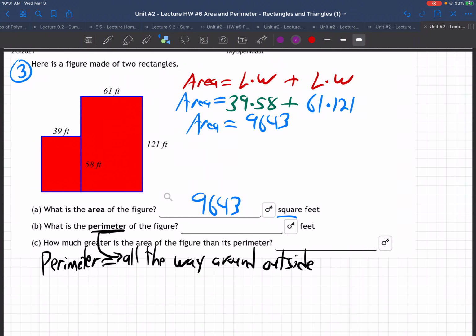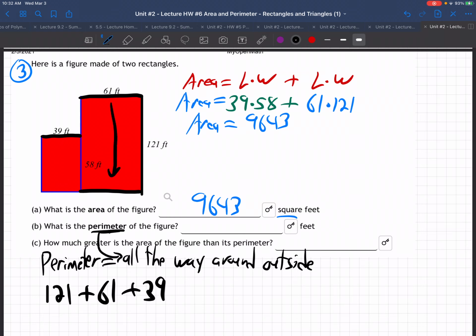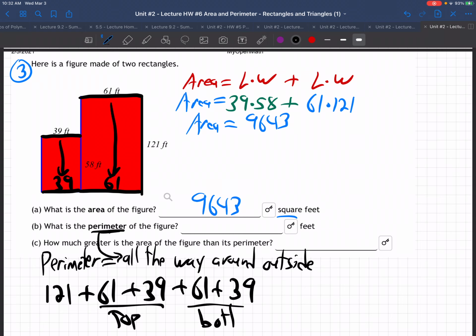So here we go: 121 plus, and then we do this top part here, 61, and this part right here, 30. You might say, you skipped a part. I'll get there. Now this part on the bottom has to be another 61, and this part right here has to be another 39. So I'll add another 61 and another 39, because these two make the top and these two make the bottom.